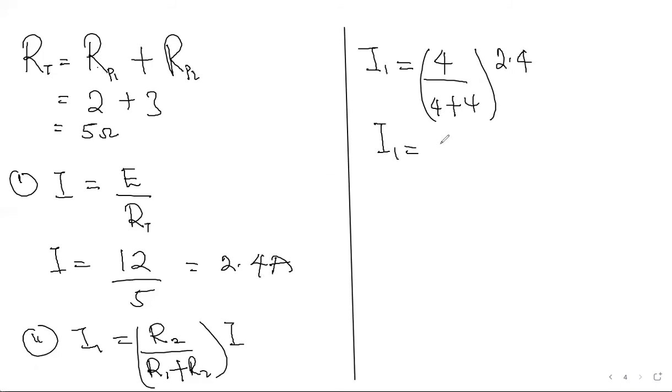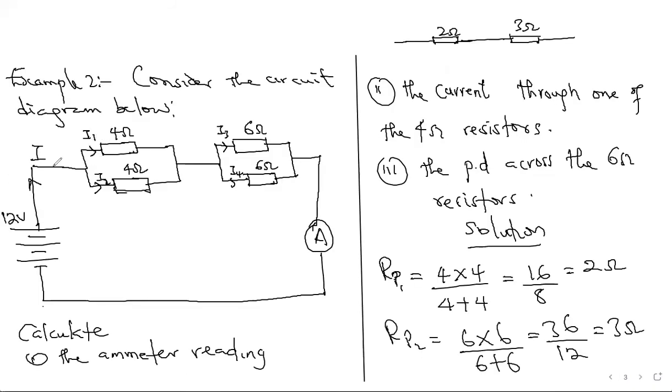So 4 over 8 multiplied by 2.4, half of 2.4, that will be 1.2 amps. That makes sense because you just share them equally. The 2.4 will be shared equally between the two 4 ohm resistors.